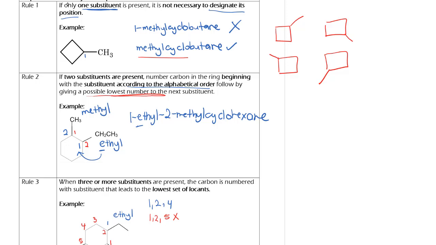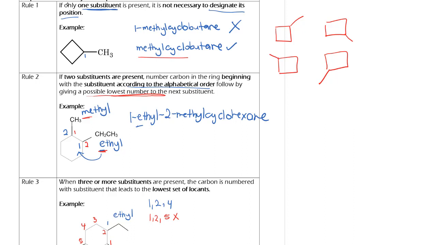Or for the blue one, 1, 2. Clockwise and anti-clockwise. But here it mentioned the substituent according to the alphabetical order. This is ethyl, E, this is methyl, M. So E will get the lowest number. So that's why the name is 1-ethyl 2-methyl cyclohexane.